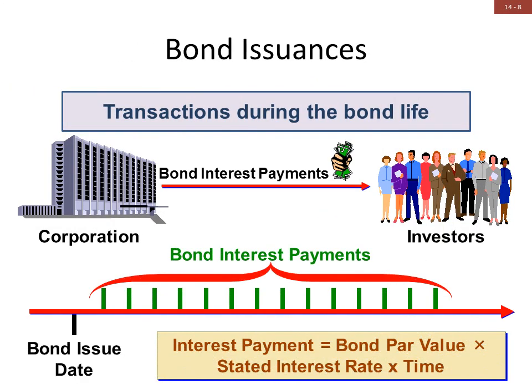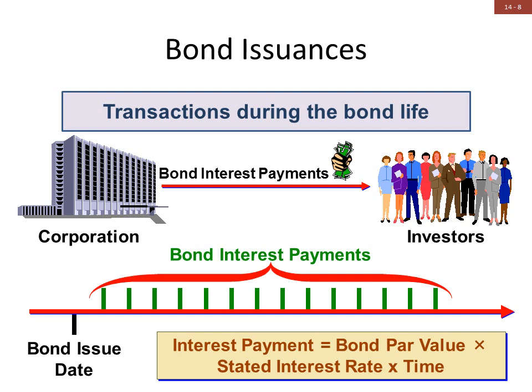And then during the life of the bond, the company will have to make interest payments to the investors. So interest will represent an expense from the company's point of view, while it will represent revenue from the investor's point of view. So this interest will be paid during the life of the bond.